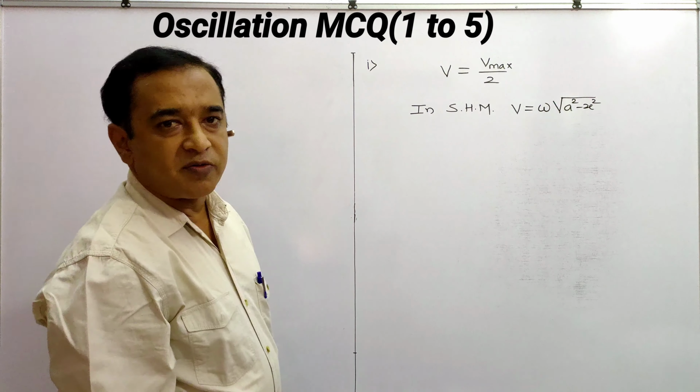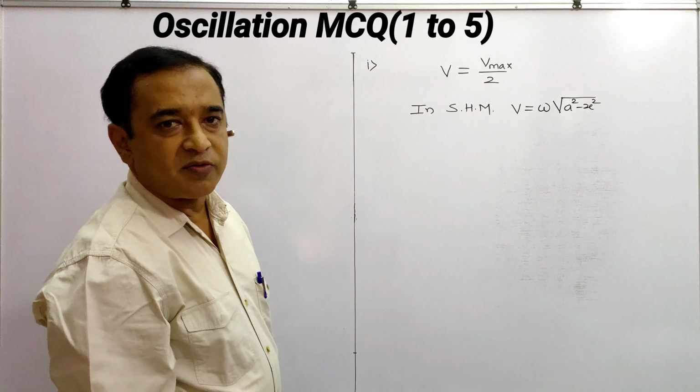So what about the X? The X value, after taking the square root, is under root of 3 into A, because the square root of A square is A. And what about the square root of 4? It is 2. So this is your expected answer. Which option is correct in this one?